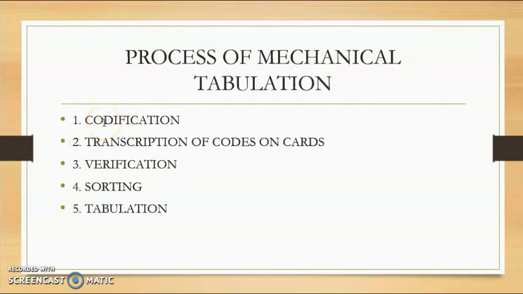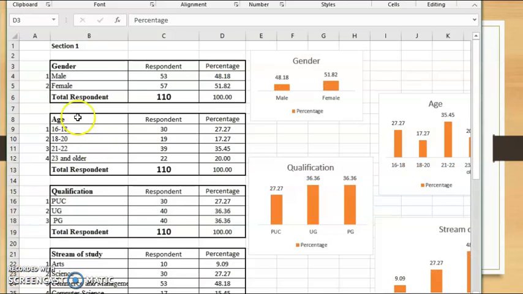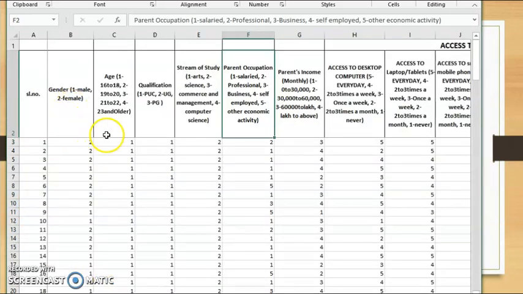First, what is the process of mechanical tabulation? First, from the table you need to convert that to coding. So you give male as 1, see here I have given 1, and female as 2. First option of age group becomes your 1, 2, 3, 4. Likewise, qualification, your option becomes your 1, 2, 3. So that I will make it as here.